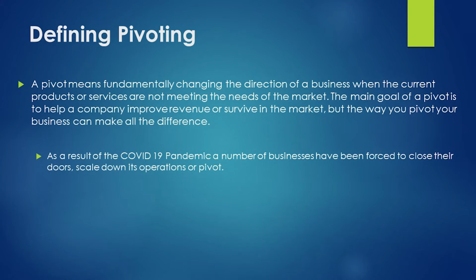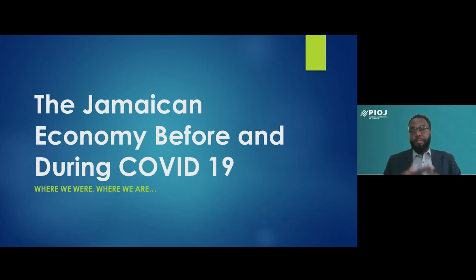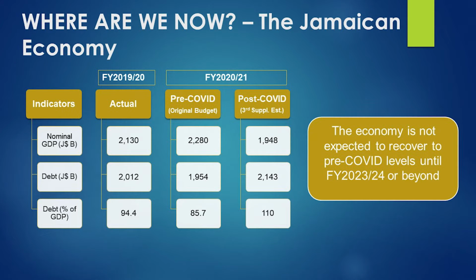Now, given that context, I want to take us on a journey in regards to what happened during the COVID pandemic, as well as where we were before the pandemic landed on our shores. In terms of where we were, Jamaica was on a modest growth projection, where we saw us coming out of an IMF agreement in a more robust way.